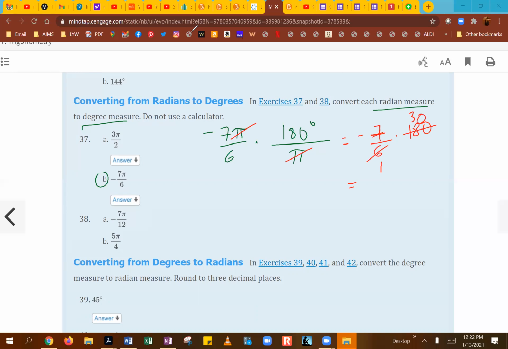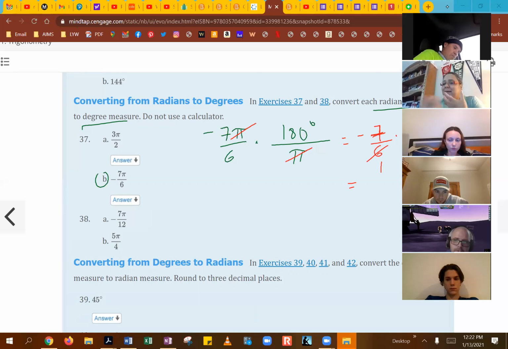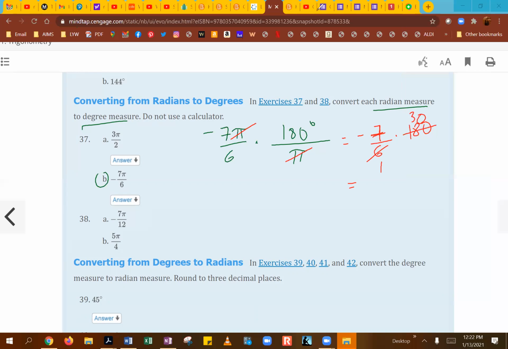So what will your degree measurement come out to be in this case? Negative 210. Yeah, very nice. 7 times 3 is 21. So that's 21. Put that 0. And then don't forget your negative sign, and you are good to go.